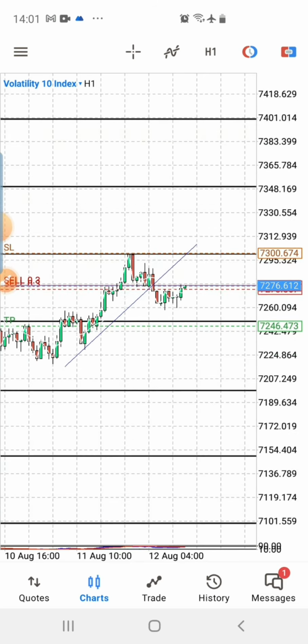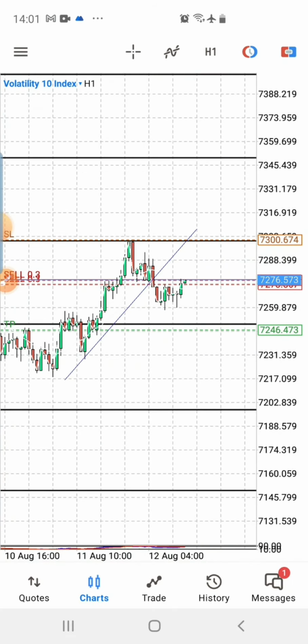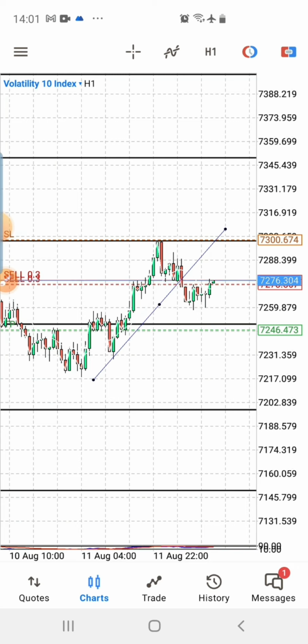Now if you have your horizontal lines like what I have here, you can see everything is here. Then you simply go back to do a little bit of price action, which is just drawing a trend line. If you look at this current chart, on the 1 hour time frame, that's where I draw my trend lines, guys.